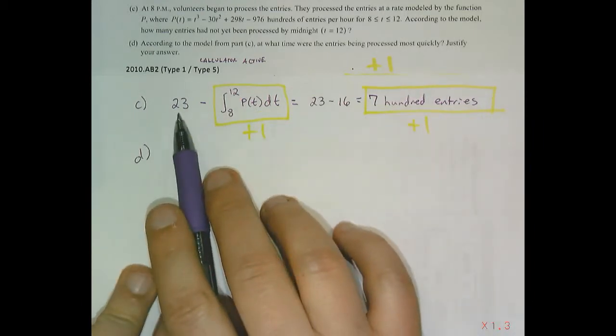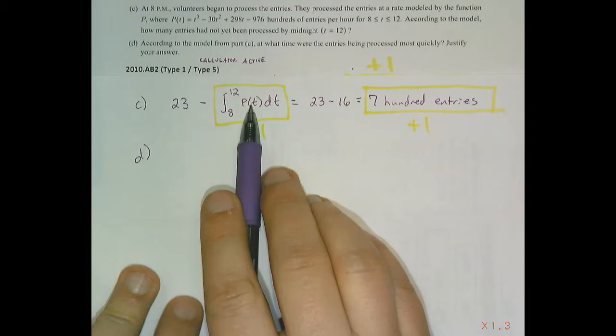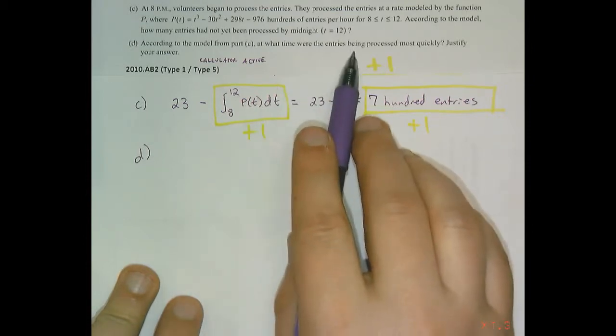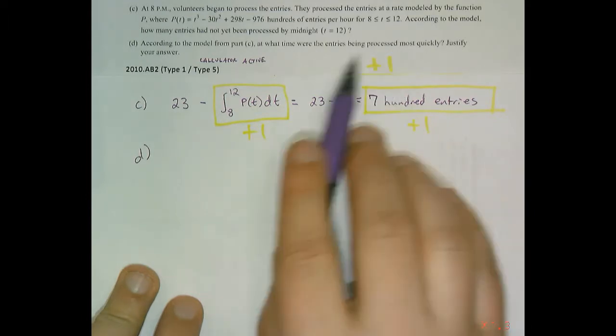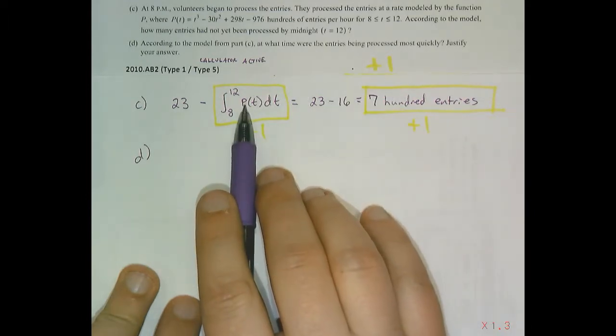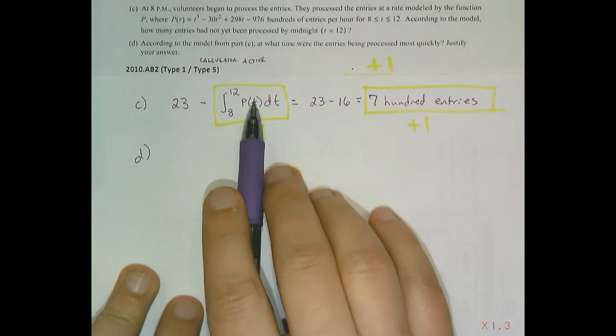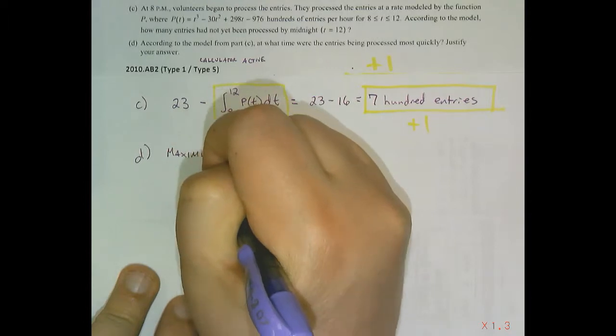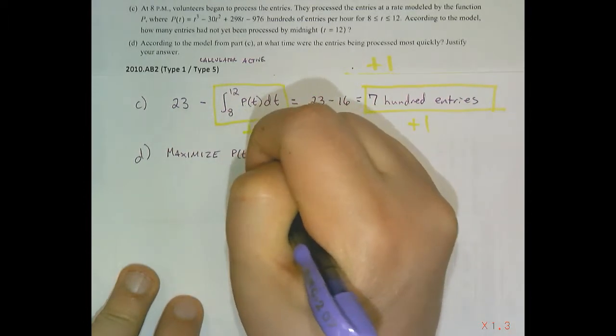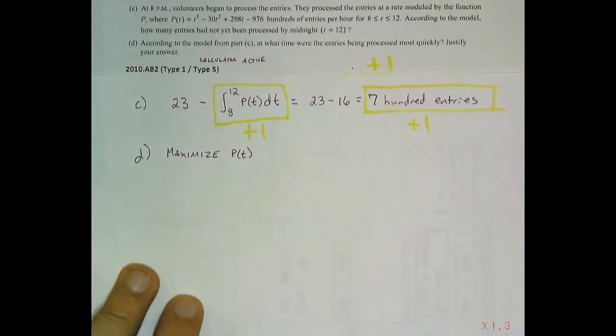So if P of t represents the rate that they are being processed, and we're asking when are they being processed most quickly, we are going to be asking for what is the maximum of P of t. Maximize P of t. What is the rate that P of t is the greatest? So this is a candidates test problem. We're looking for an absolute maximum.